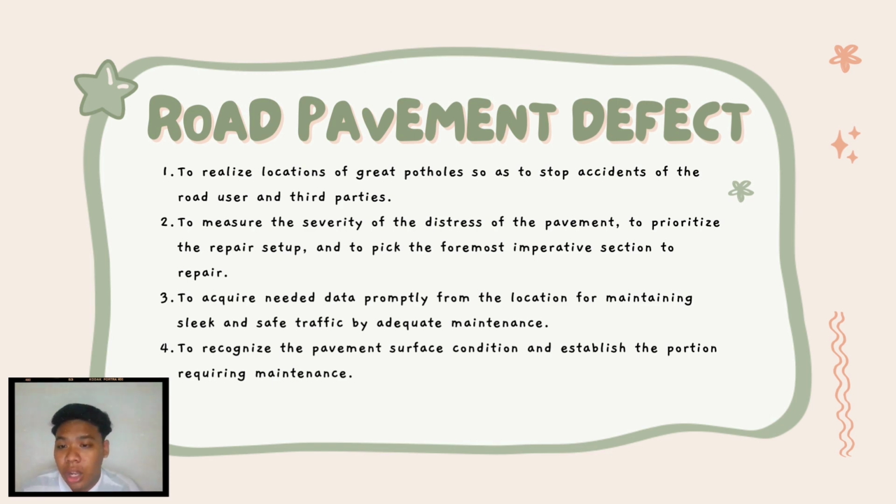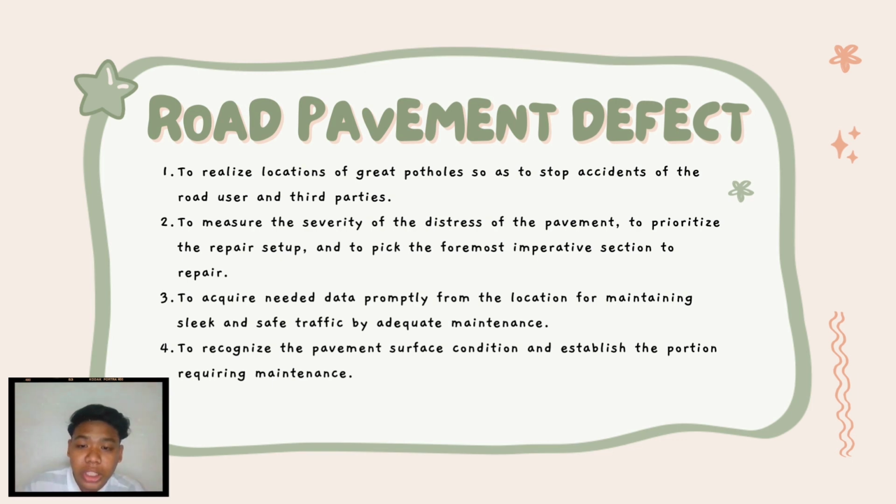Purpose of pavement inspection. Firstly, to realize the location of potholes so as to stop accidents of the road user and third party. Secondly, to measure the severity of the distress of the pavement to prioritize the repair setup and to pick the foremost imperative section to repair.